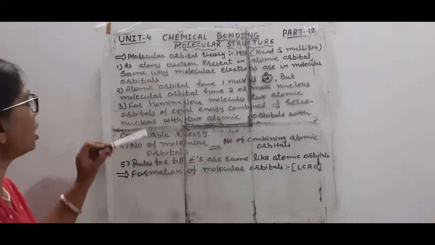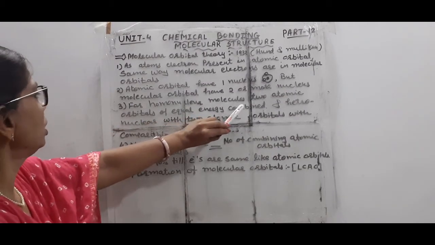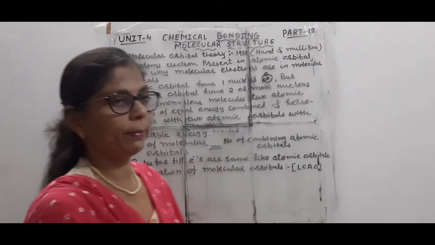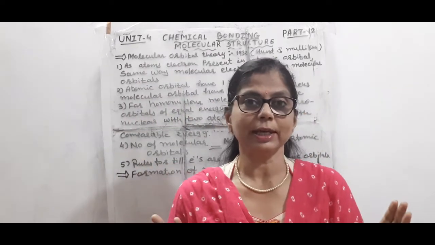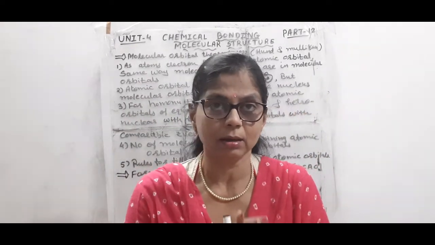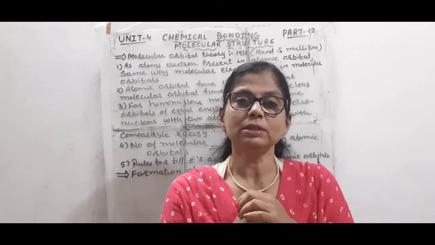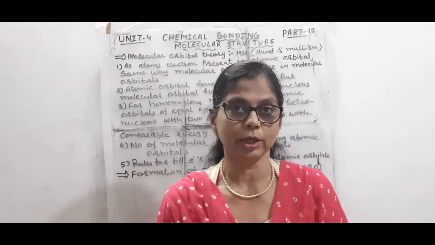Then the third point: for a homonuclear molecule, the two atomic orbitals of equal energy combine. As we know, in the hydrogen H2 molecule, both hydrogen atoms have the same energy when they combine, and that is why it is known as a homonuclear molecule.